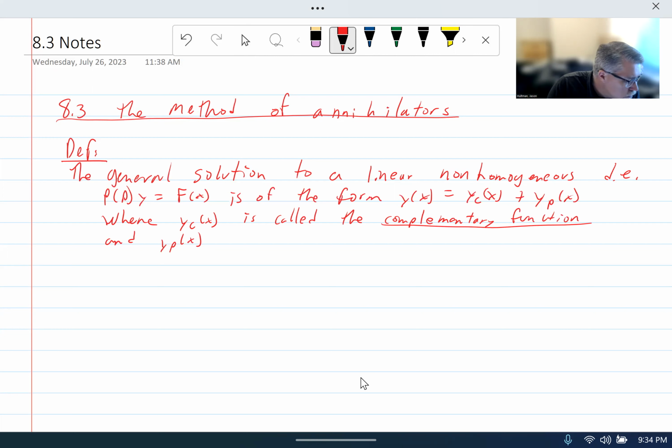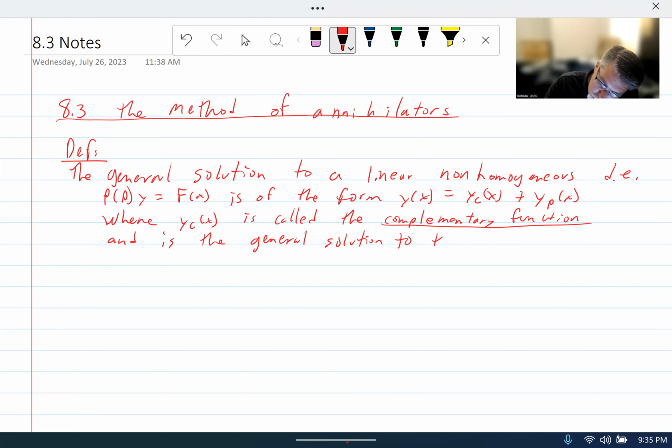And yp of x, oh, sorry, and yc is the general solution to the homogeneous differential equation P(D) of y equals 0.